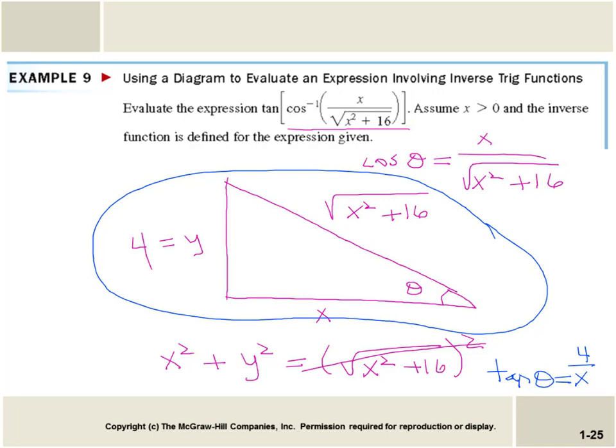Then it would be in quadrant 2, so the tangent would be negative. But even still, if it was in quadrant 2, the 4 would still be positive. The x would just be negative. Right?